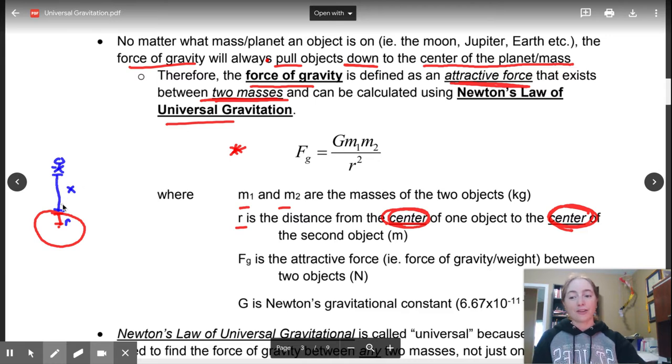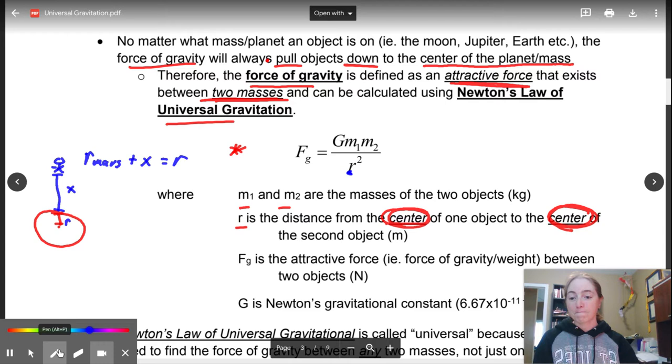I gave this value from the surface up to Mark Watney as x. R is the radius of Mars. So the R that you would be using would be the radius of Mars plus x, and that's the R that you use right here in your equation. I will show you a calculation involving that. So be aware of that, okay?